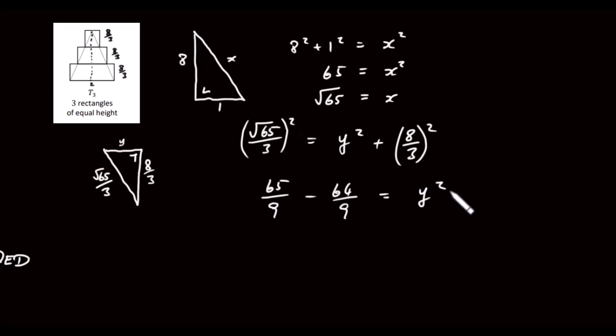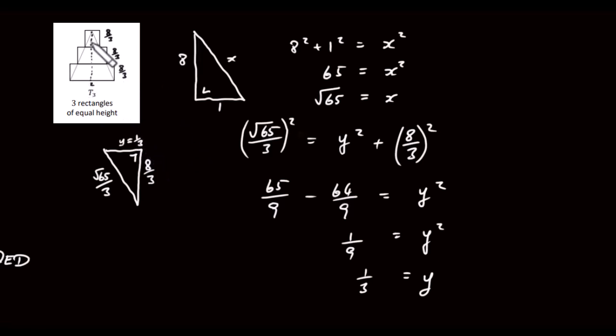That's equal to y squared. So y squared is equal to 1 over 9. So that gives me y is 1 over 3. You probably would have guessed that anyway, but this distance from here to here is 1/3.